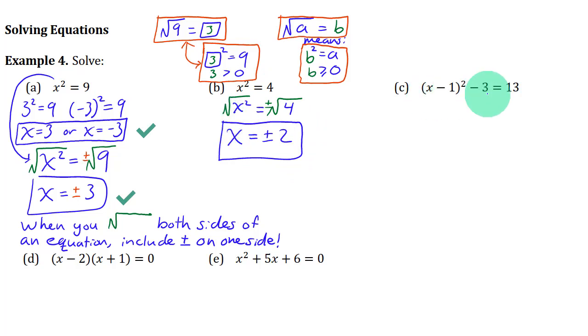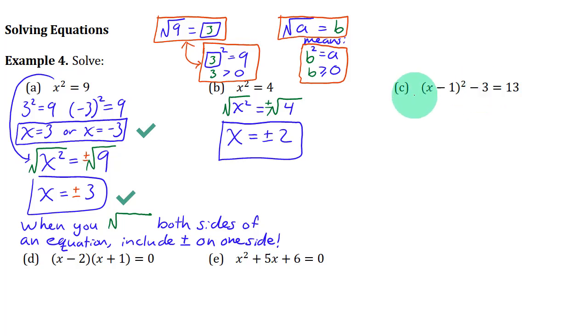Okay, this one is a little bit more complicated. We can still cancel out the exponent of 2 by doing a square root, but the trick here is that we have the 3 here.